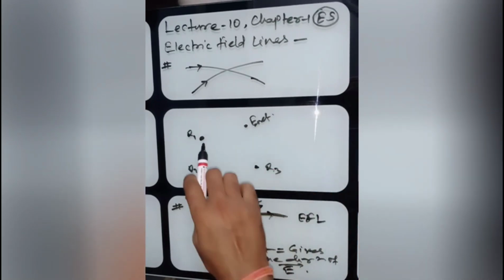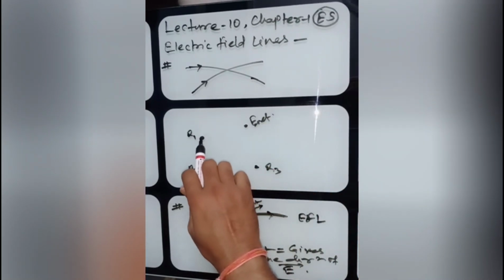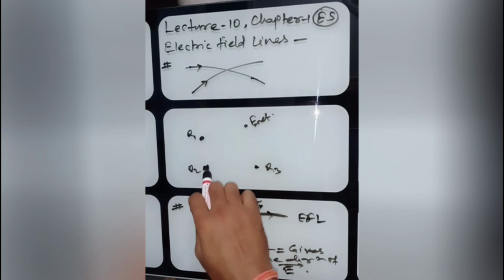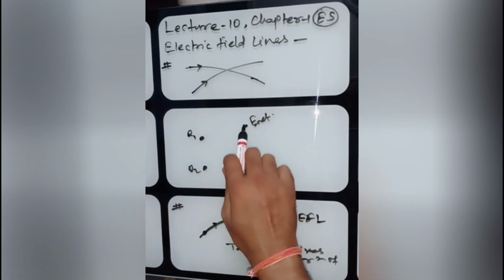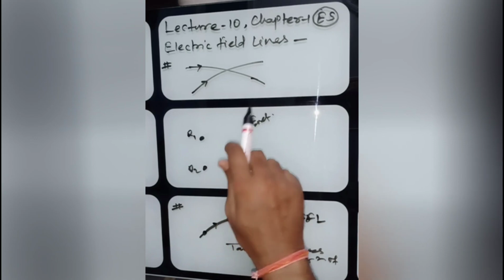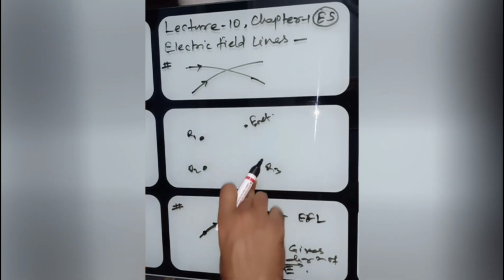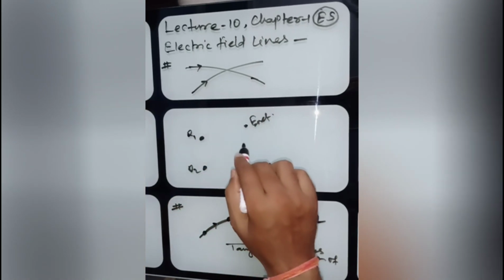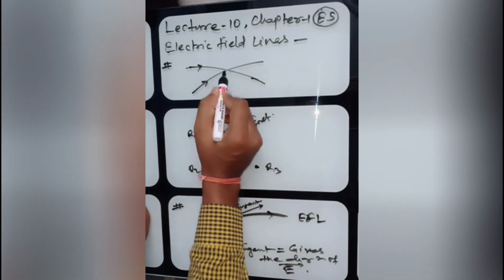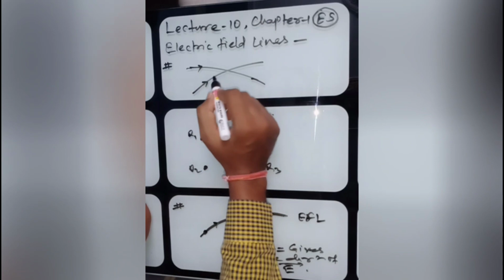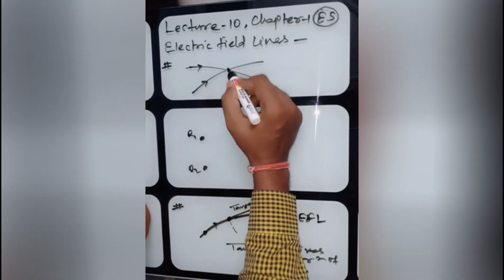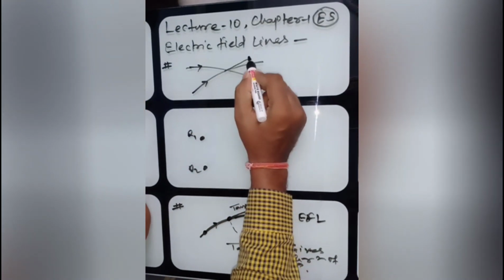Here charge q1 will produce a field, q2 will produce a field, and q3 will also produce a field. But we cannot have the individual fields; we will have the net field. At this point, if these two lines intersect, then what will happen? The electric field line will have a tangent in this direction.